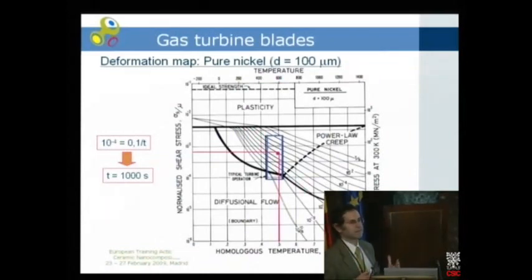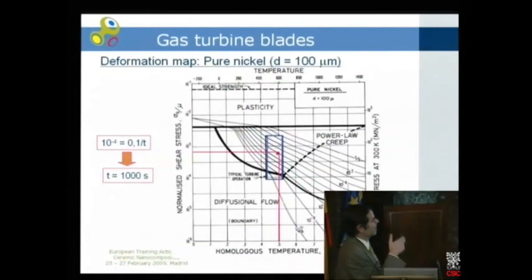So what will happen if I make one of these blades in pure nickel? We can take the micromechanism map for pure nickel, and this is the one. Here you can see the typical turbine operation of this kind of blade: the temperature we attain in this special situation, and the stresses, which depend on the size of the turbine and things like that.